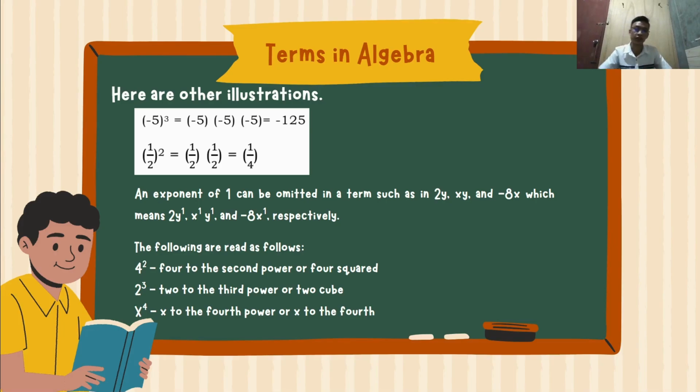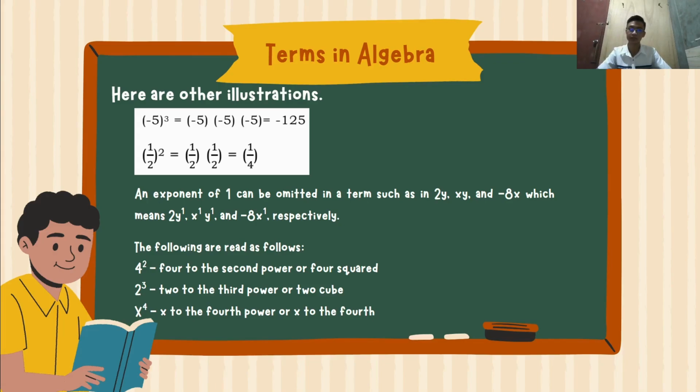So as you can see here, negative 5 raised to 3 or negative 5 cubed is equal to negative 5 times negative 5 times negative 5. It is equal to negative 125. If you solve this step by step, first negative 5 times negative 5 is equal to positive 25, and positive 25 times negative 5 is negative 125.